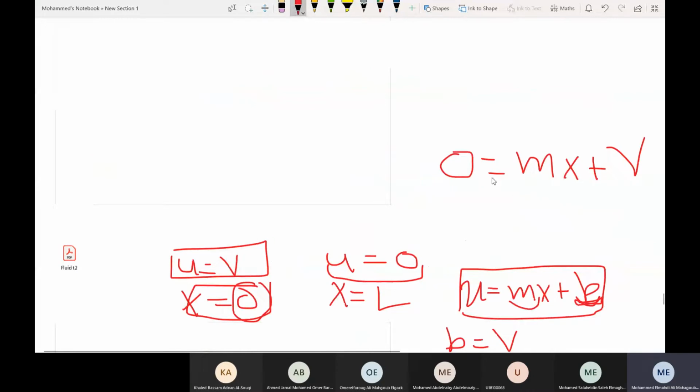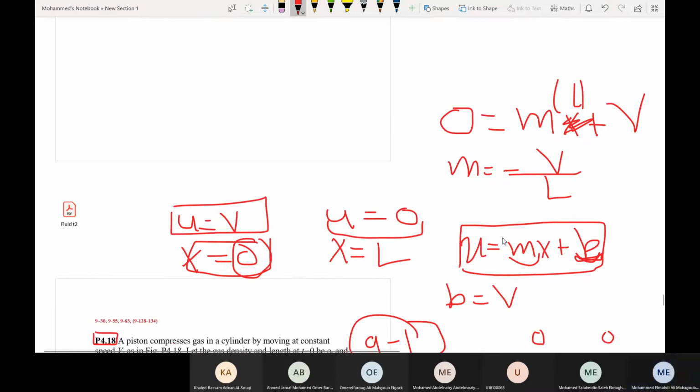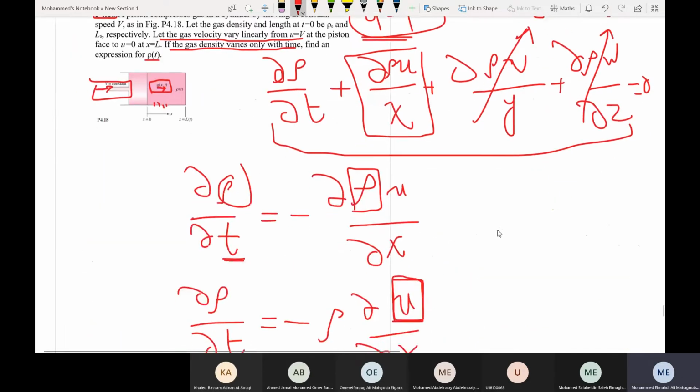So now 0 equals mx plus b. What is m? Now m is going to be minus v over L, because I should substitute x by L. That's m.